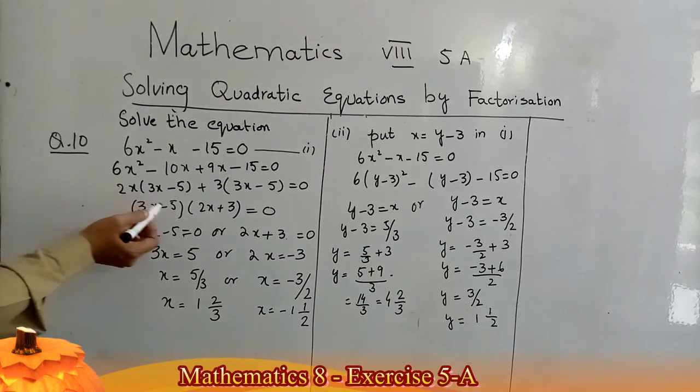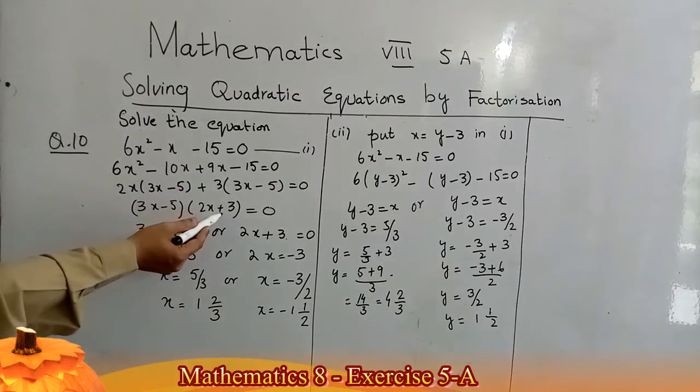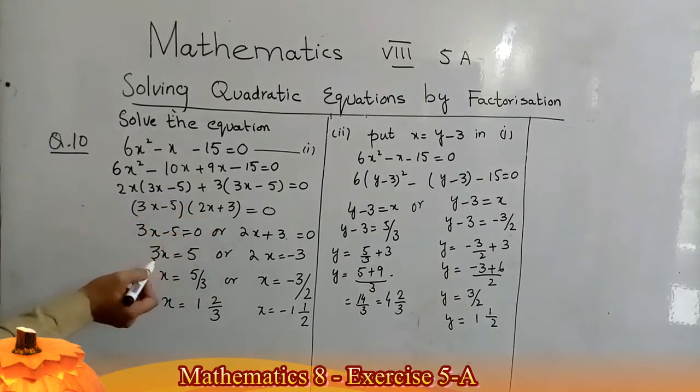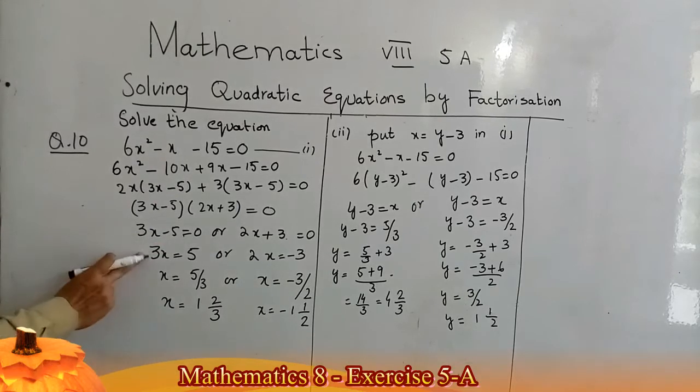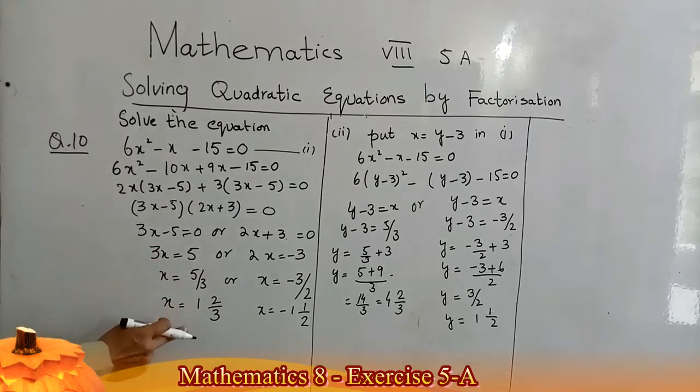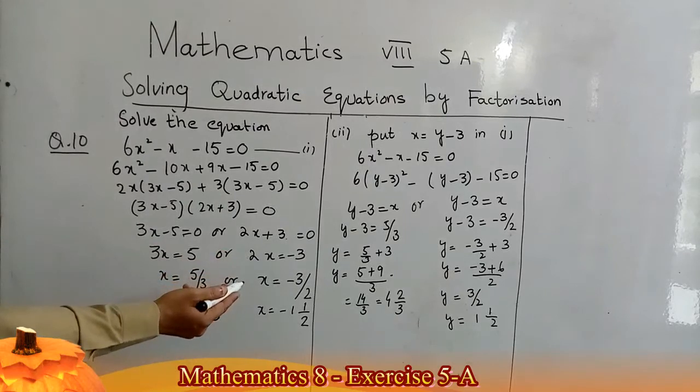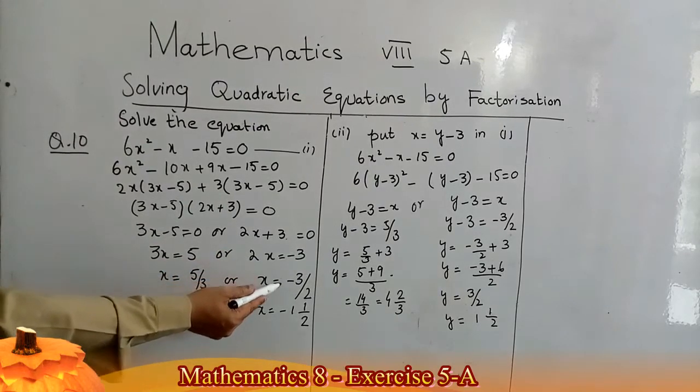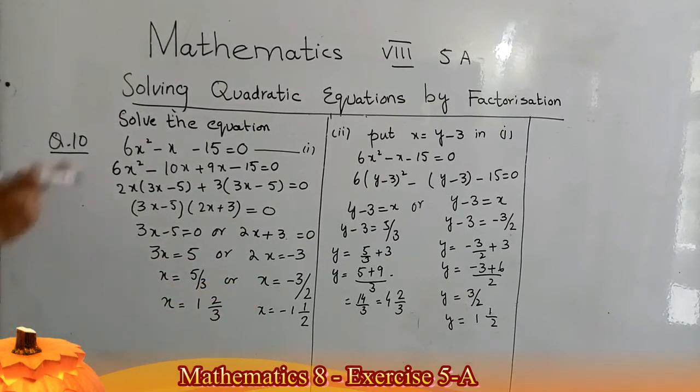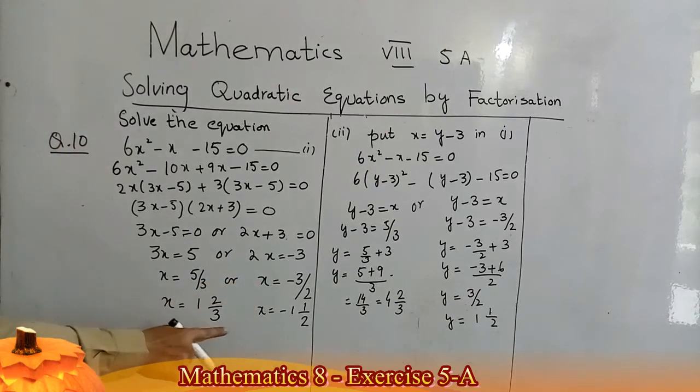In the first term I will have 2x, and in the last term I will have plus 3. So either first is equal to 0 or second is equal to 0. From first x is equal to 5 by 3, or from last x is equal to minus 3 over 2. That's the solution of the given equation. We can also write it as 1 whole 2 over 3 and minus 1 whole 1 over 2.